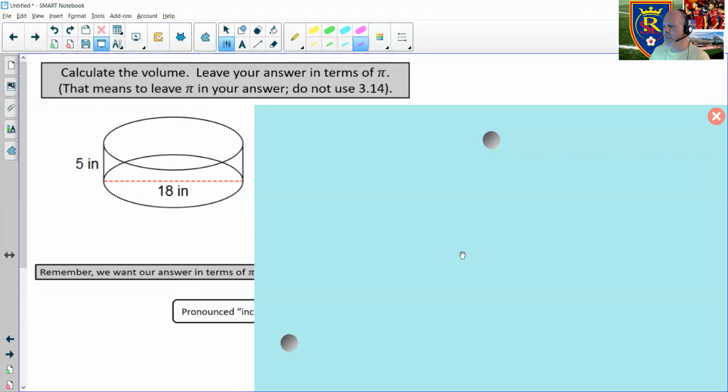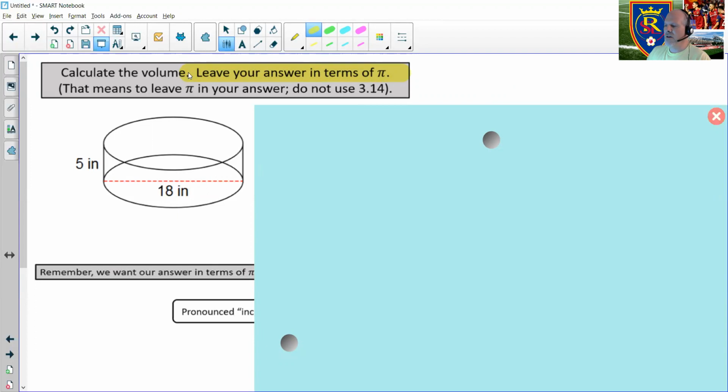So our first example, we're going to calculate the volume of this cylinder that is 5 inches high, and it has a diameter, or distance all the way across the base, of 18 inches. Please note that it does tell us to leave our answer in terms of pi.